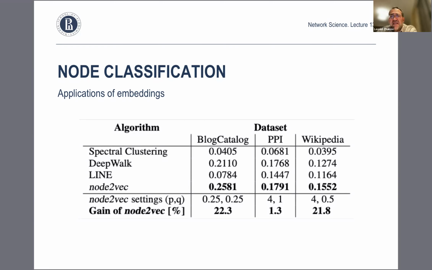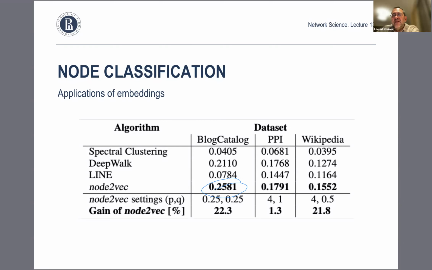node classification tasks done on data sets similar to ours, which are BlogCatalog and PPI, which stands for the human data set for protein-protein interaction. Spectral clustering is a traditional algorithm for clustering that we tried before. And then there are several other algorithms, and notice that node2vec in this case outperforms DeepWalk and others.